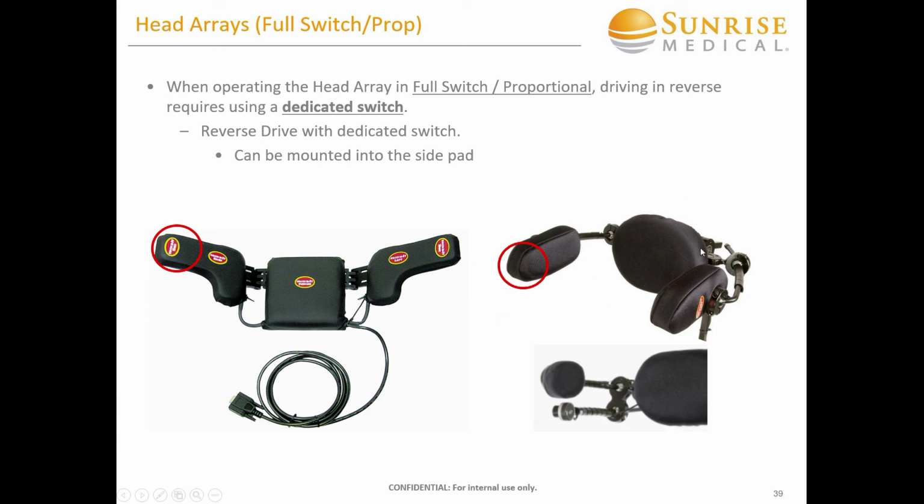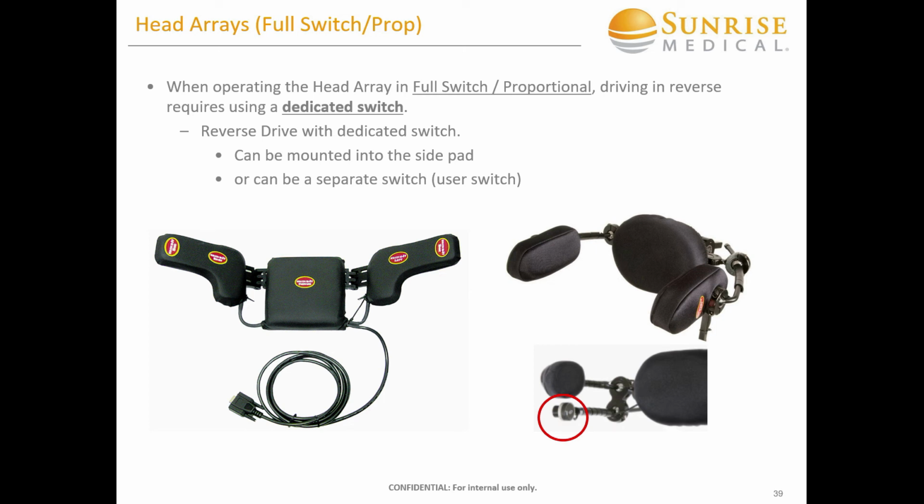Likewise, on our proportional device on the Dual Pro, you can set an additional switch up here in the front to actually control reverse. And you can set that up on either the left or the right. Okay. Optionally, you can set up a dedicated switch that's going to be more of a chin type of switch. This down here shows it on like a Pico switch. You can mount that through the infinity mount, and then you can allow this to be offered as a chin switch.